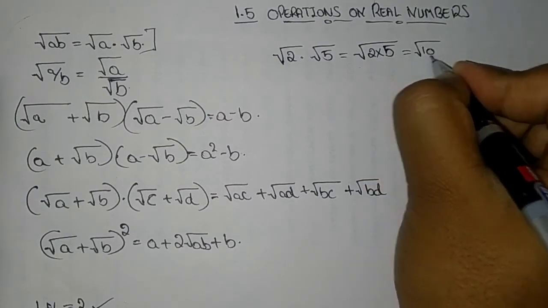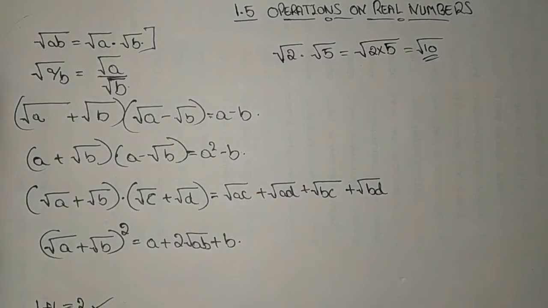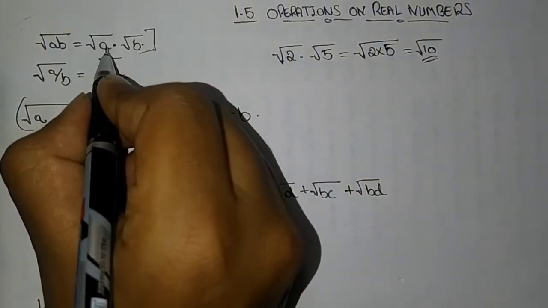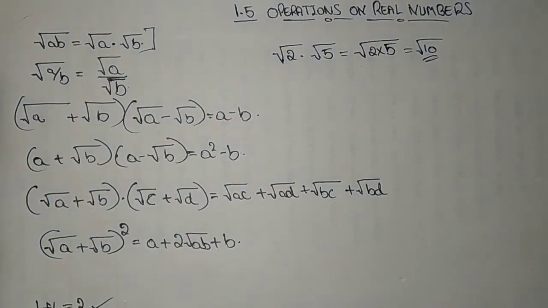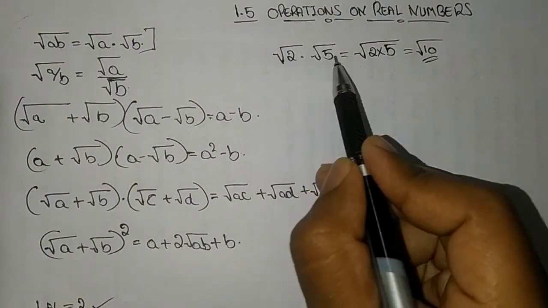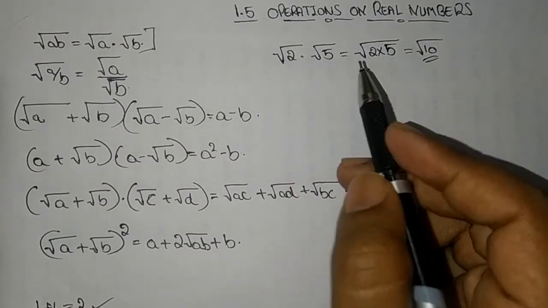Root 2 times root 5 is root 10. This is the first equation. It tells that a is a different number, b is a different number, and if you multiply them you get root ab within a single square root. This is the first concept: even if the numbers are different, they can be multiplied within a single square root.